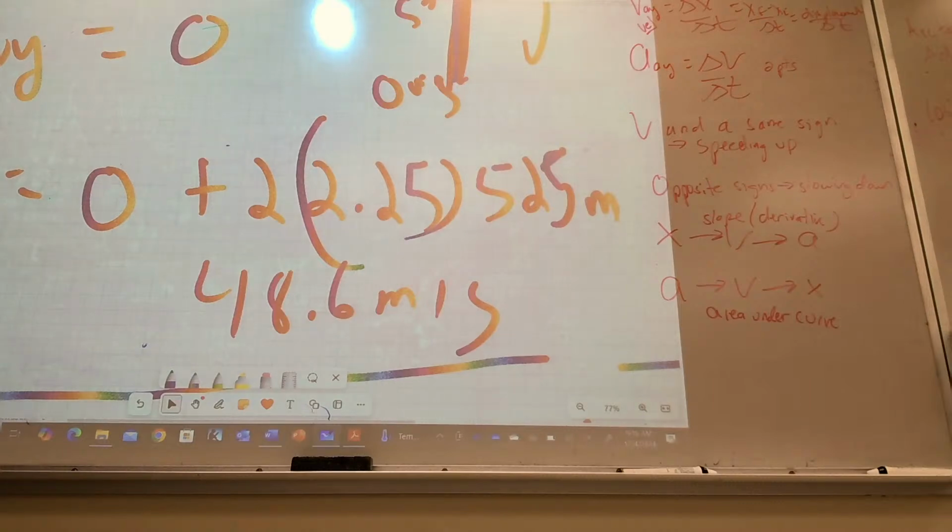Two times 2.25. Use the V-squared equation, right? Are these zeros? It's 0 plus.